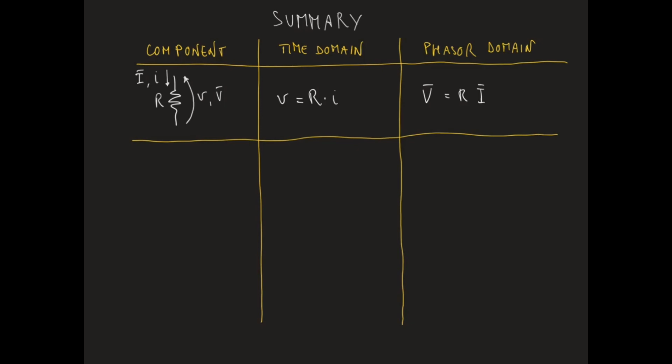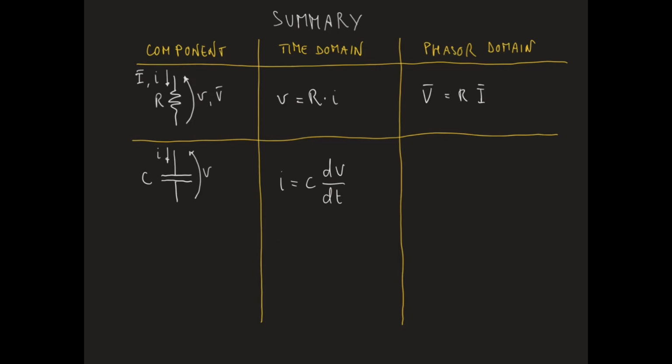For the capacitor, in the time domain, the current flowing through the component is equal to the capacitance C times the time derivative of the voltage across the capacitor.